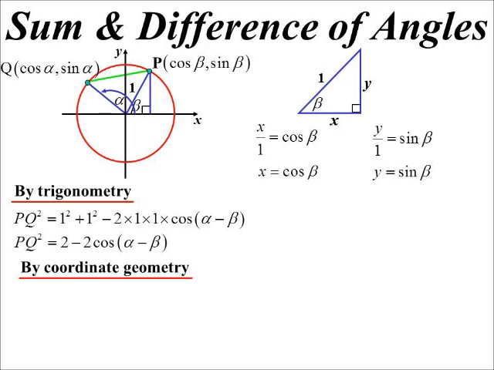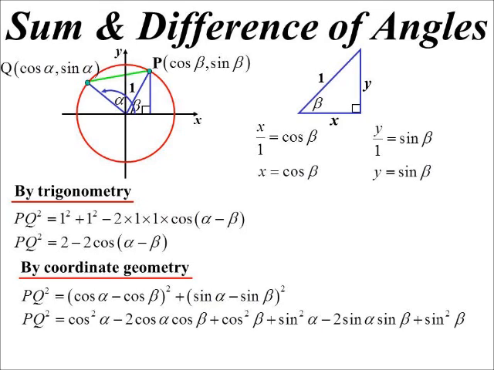If I'd done the problem using coordinate geometry, the distance formula, then I would have said PQ is the square root of, well, I've got PQ squared, so I don't have to worry about the square root sign. The difference in the x value is squared, plus the difference in the y value is squared. Expand that out, and you'll notice a few cos squareds plus sine squareds that I can turn into 1.